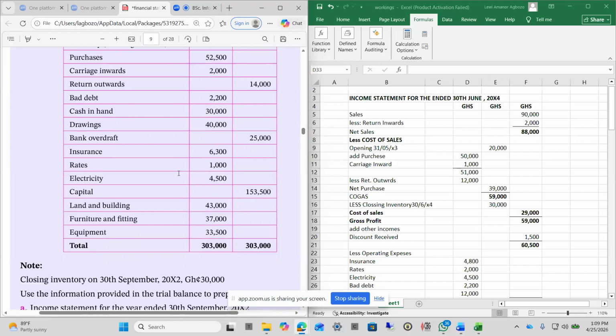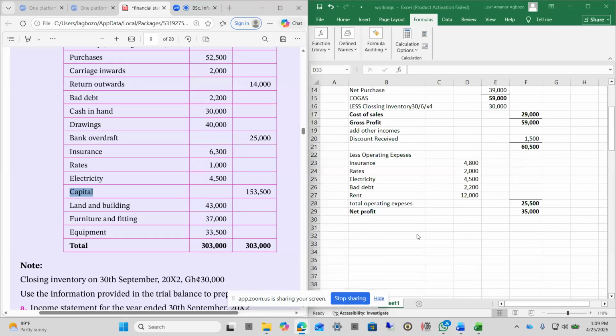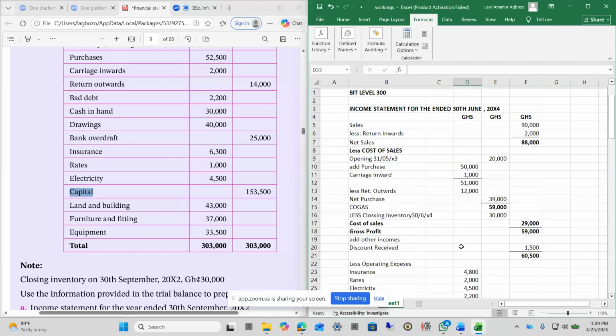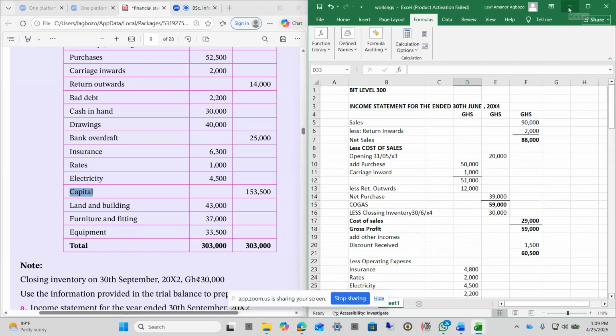The only thing I didn't talk about is the drawing. The drawing is when the owner removes part of his capital that he has put into the business. And the capital is here. The profits that we added there were given to us there. But when you come here, you find a net profit over here. So if the owner wants to take some money out, he should take it from this profit.